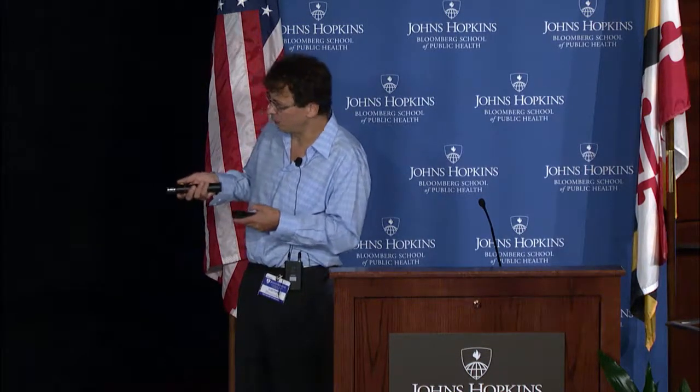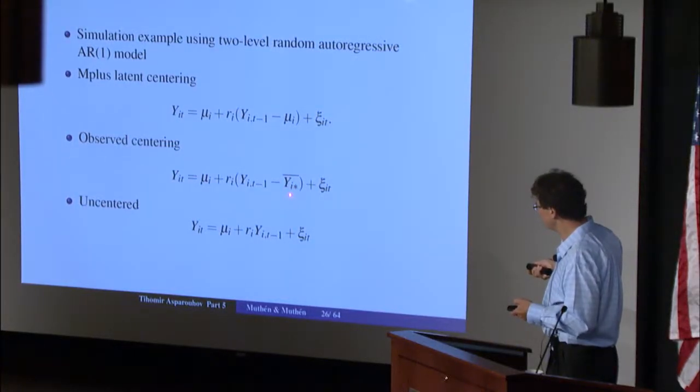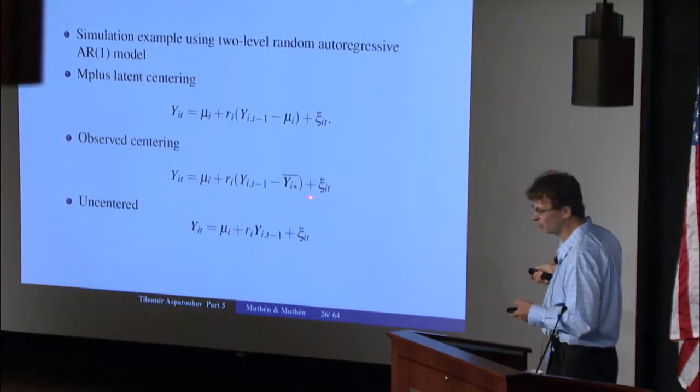In case you have missing data, you can't do this, because not only could the sample mean be misestimated, but also, when you have missing data, this is still a known quantity.